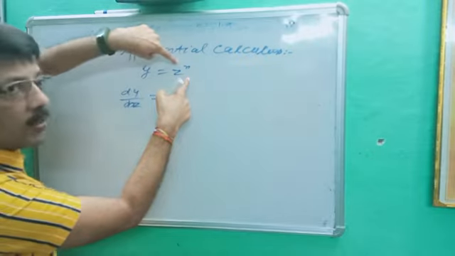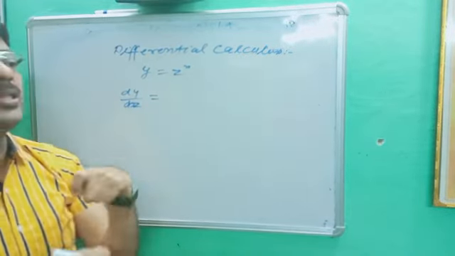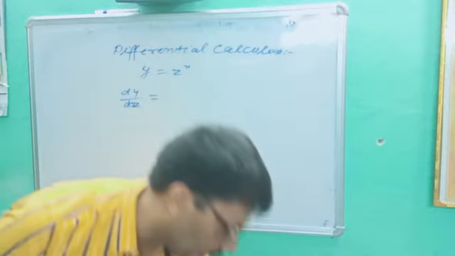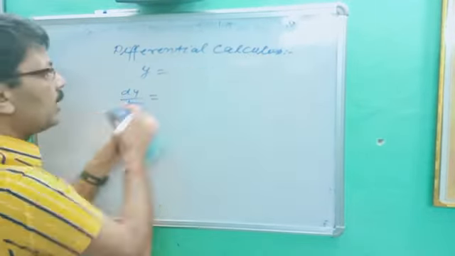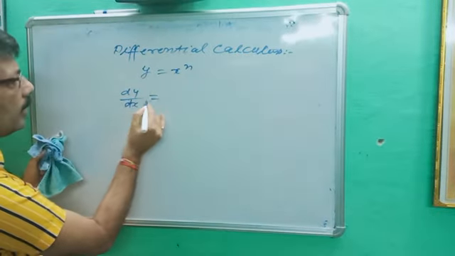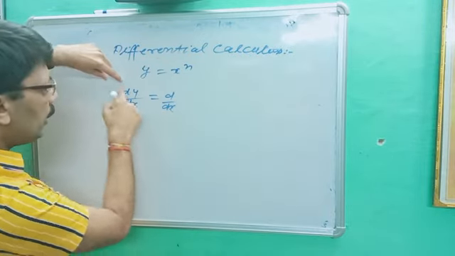This depends on that quantity because it should be a function. Note down the point: the quantity should be a function of the quantity with respect to which you are going to differentiate. Since here we had taken x power n, dy upon dx is d upon dx of y.